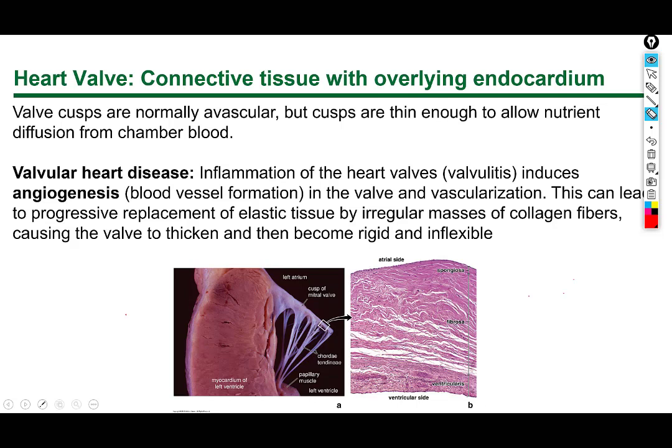So the cusps, or the little flappy parts that close, that's what a cusp means, are normally avascular, so they don't have any blood vessels in them, but they are thin enough that they allow diffusion from the blood in the heart chambers to nourish the cells that make up the valves, so the fibrous connective tissue cells, etc.